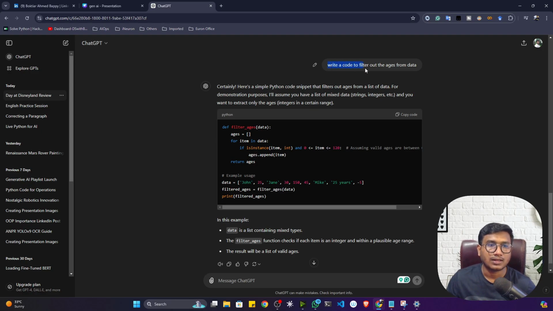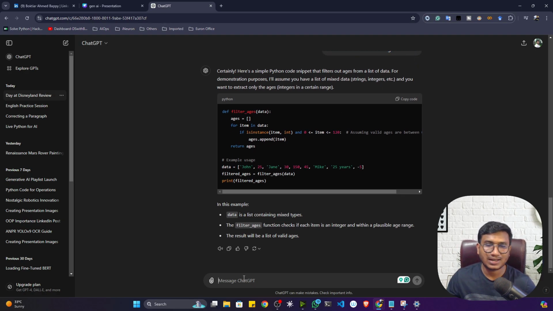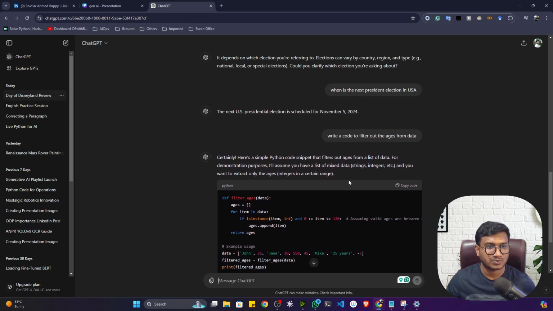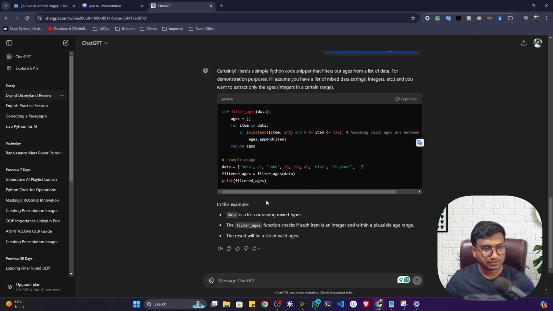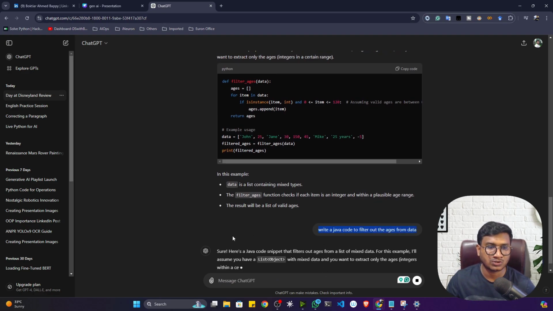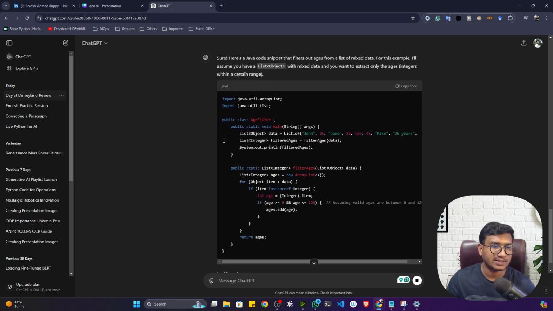Again, what have you given? You have given an unclear instruction to the model, yes or no? So you always have to give clear instruction. Now you can write this prompt like this: write a Java code to filter out ages from the data. Now it is a clear instruction to my large language model, and now I will get the Java code.